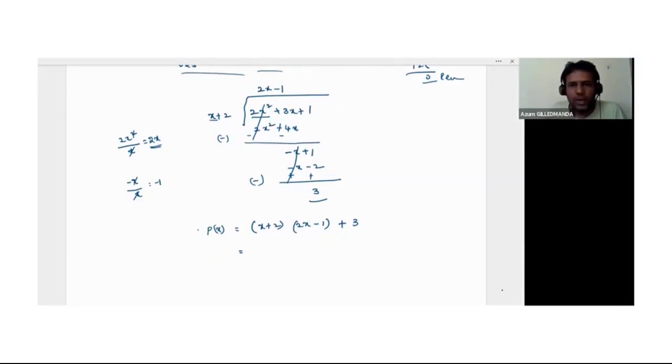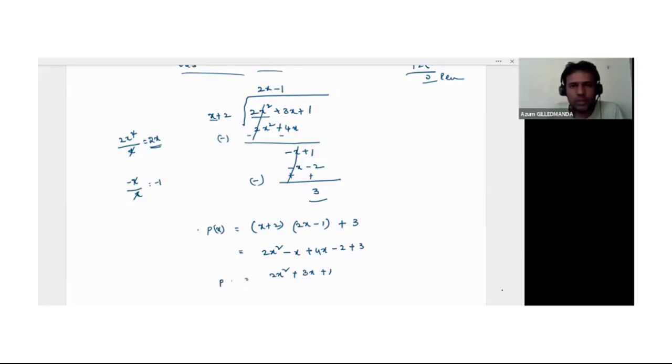Now, x into 2x square is 2x cubed, and x into minus 1 is minus x, and then plus 2 into 2x is plus 4x, and then plus 2 into minus 1 is minus 2, plus 3. Now minus x plus 4x is plus 3x, minus 2 plus 3 is plus 1.